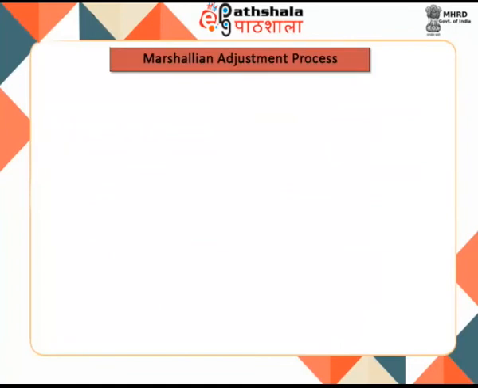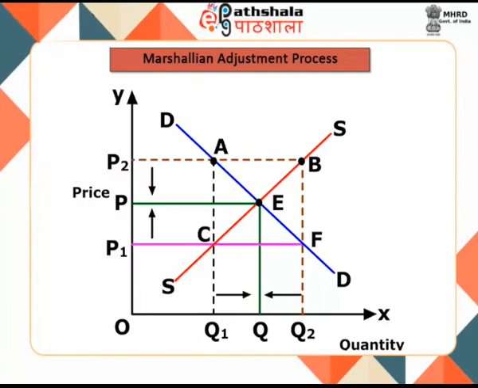Let's understand the Marshallian adjustment process graphically. On the x-axis we have quantity of the good, and on the y-axis we have the price. When excess demand price is positive, AQ1 greater than CQ1, that is, the demand price is greater than supply price, it means that consumers are ready to pay more than is being charged by the producers.